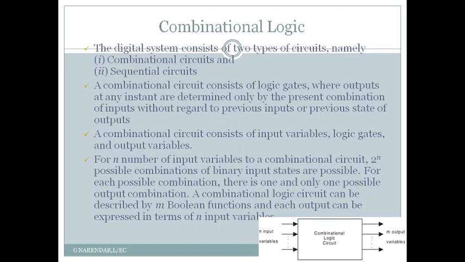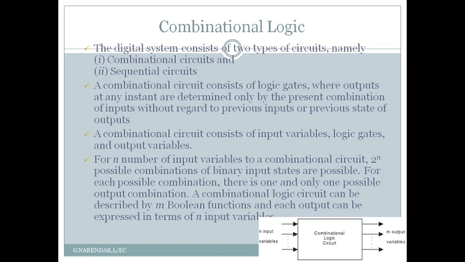That means the outputs at any time are dependent only on the inputs at that time only. There is no dependence of the present outputs on the previous outputs or the previous inputs.